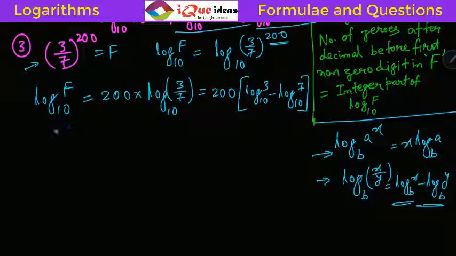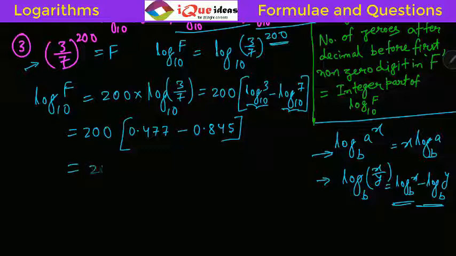So we get 200 into 0.477 minus 0.845. By simple subtraction, 0.477 minus 0.845 will be minus 0.368.